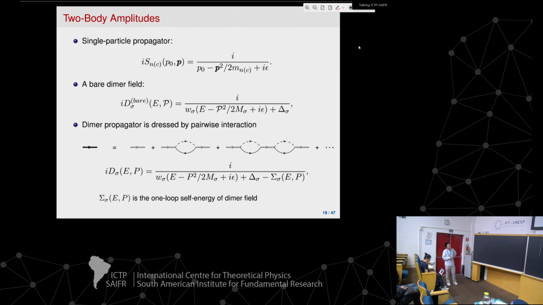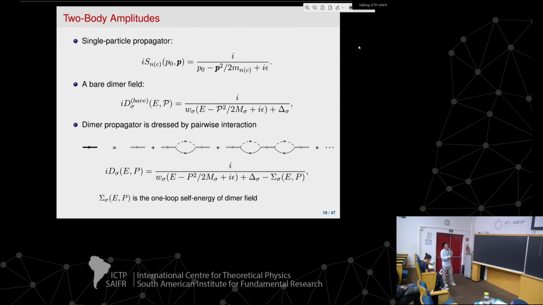But we know that for this Lagrangian, you also have interactions, right? So you also have neutron and core coupled to this dimer field. So the true dimer propagator is dressed. It will have these loop corrections, which are called the self energies for the dimer field.